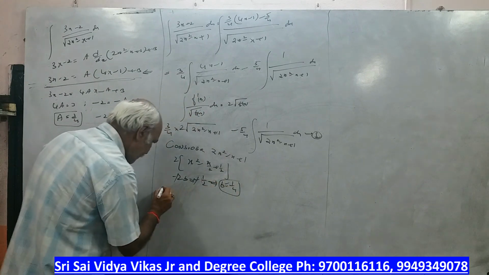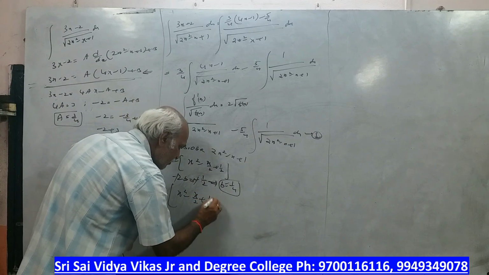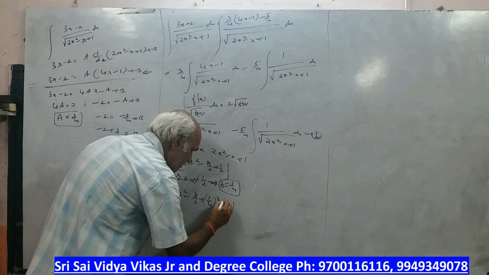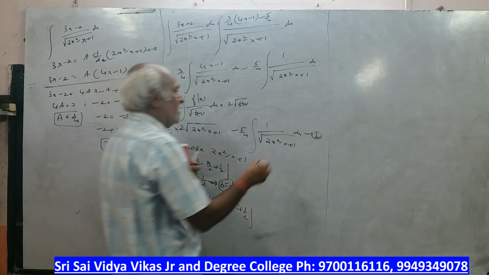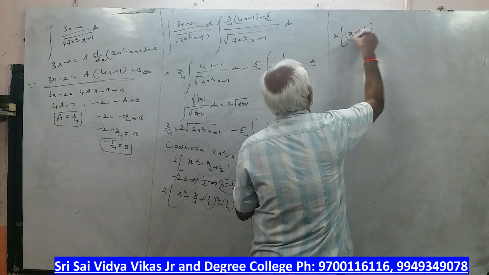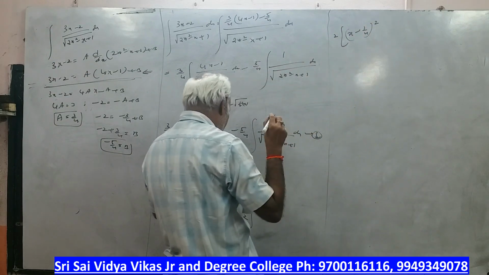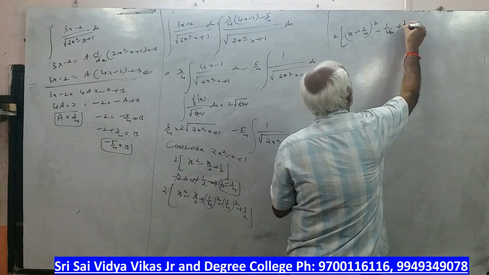So what will happen? 2 into x square minus x by 2 plus 1 by 4 whole square minus 1 by 4 whole square plus 1 by 2. Again 2 into x minus 1 by 4 whole square minus 1 by 16 plus 1 by 2.